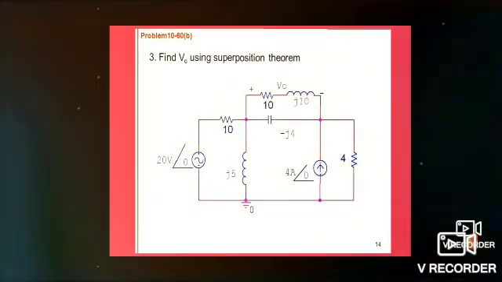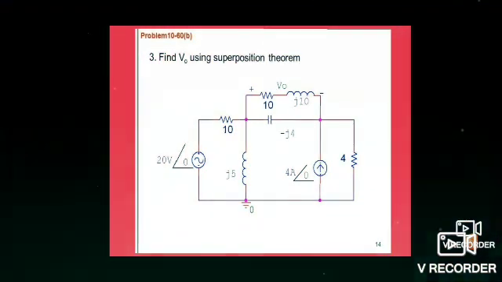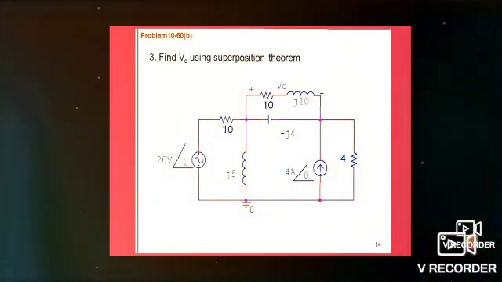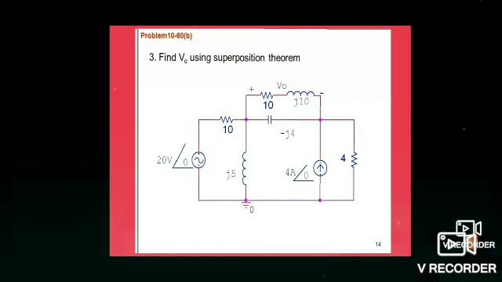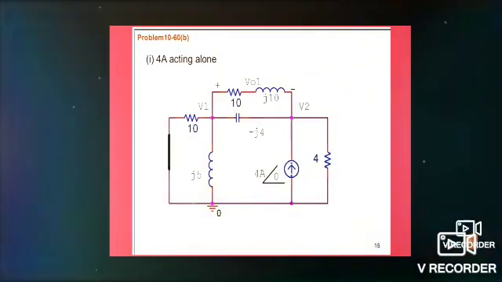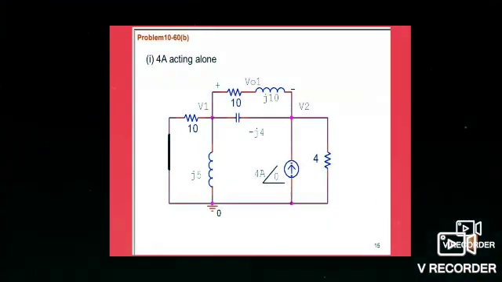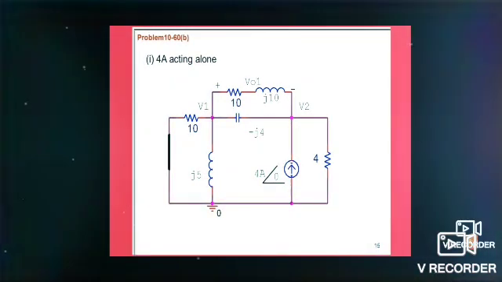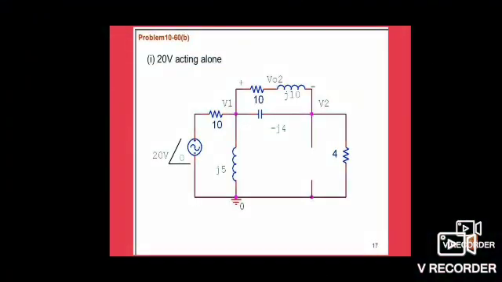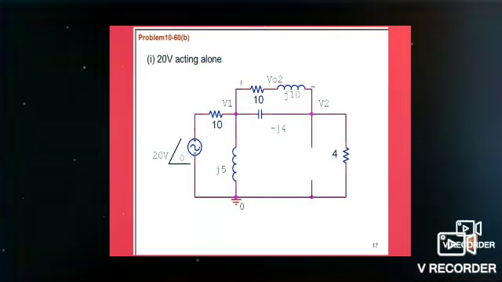Now, for the same circuit, we are going to find the value of V0 using the superposition theorem. In the superposition theorem, we keep the 4 ampere source acting alone and find V01, and with the 20 volt acting alone, we find V02.